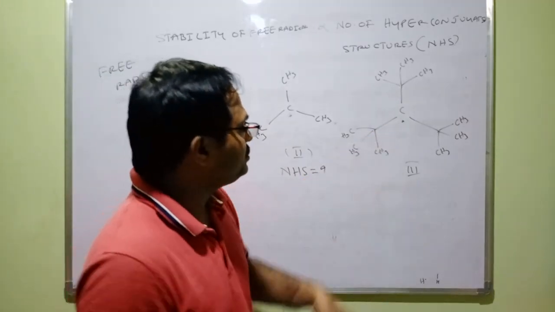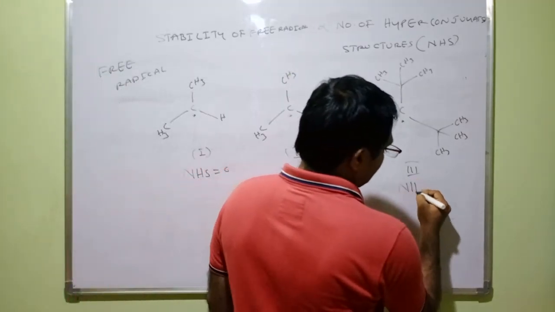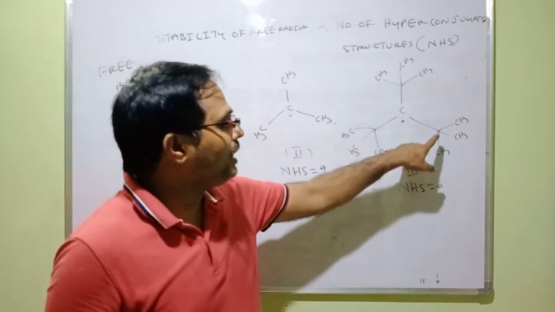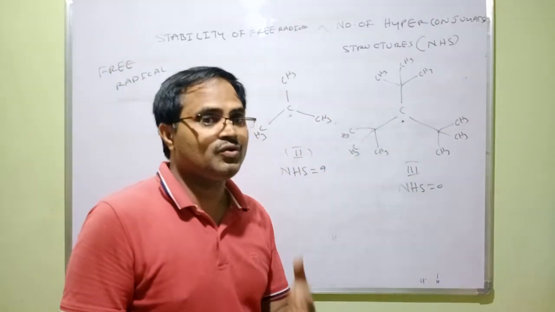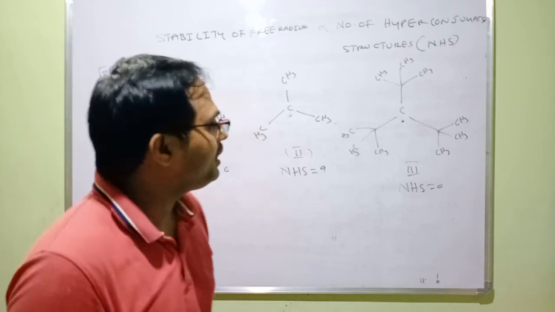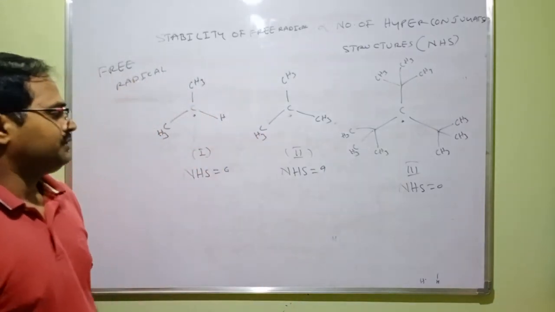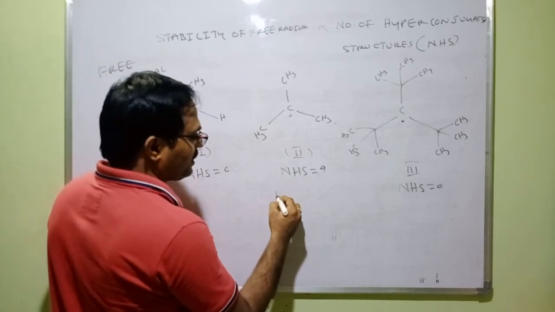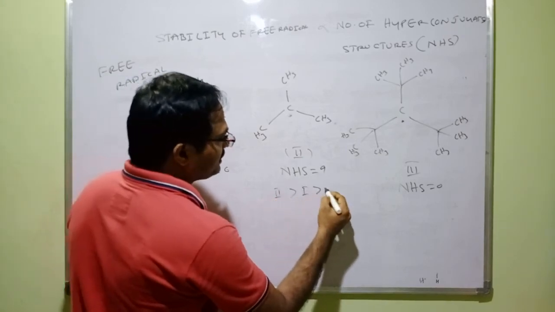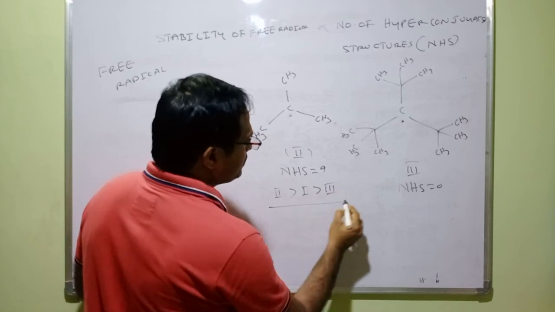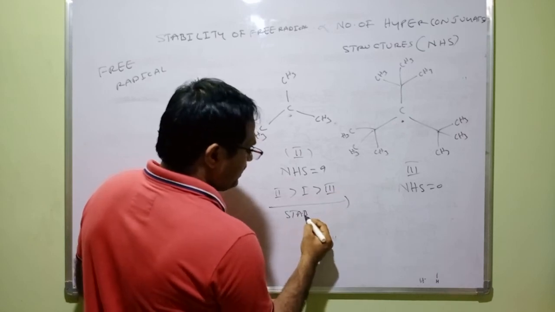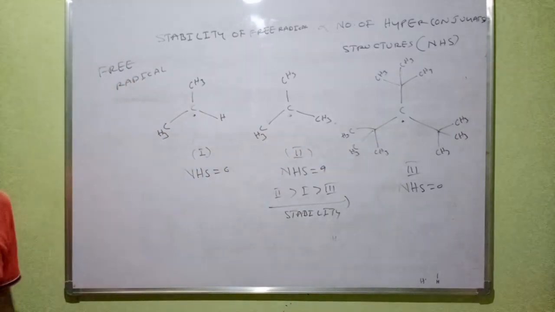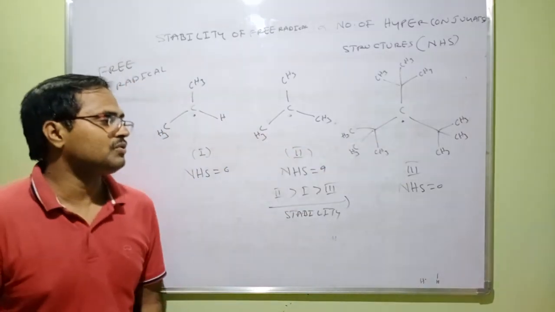Here 0, because you don't have any alpha CH bond. You have alpha CCH3, there is no alpha CH bond. So again, the same stability order applies for free radicals. The second one is more stable, then the first one, and the least stable goes last, in decreasing order of stability of the given free radicals.